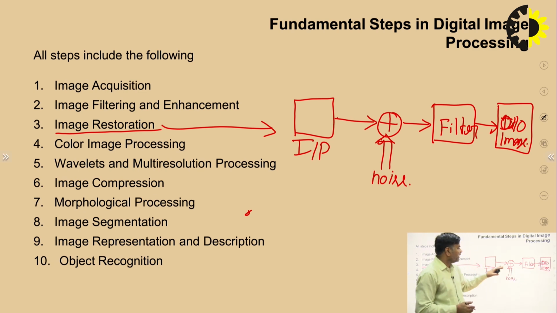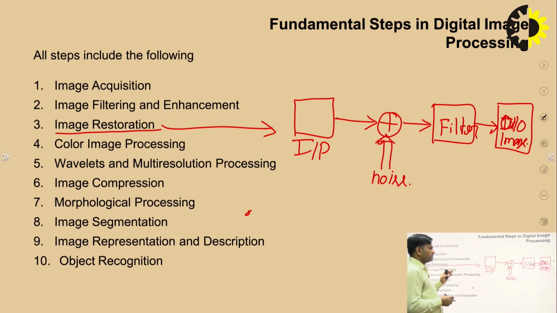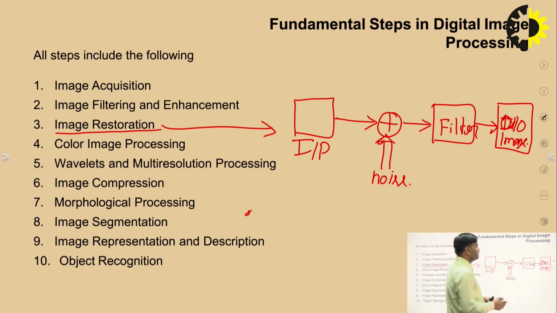It means we cannot totally recover the input image. We can recover 99.9% or 98% of the image, so we use the word estimated for the output image. In the restoration process, in this way we can process the images.